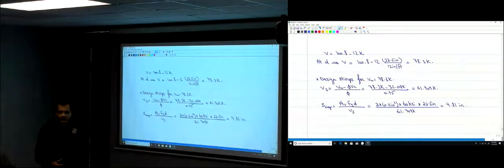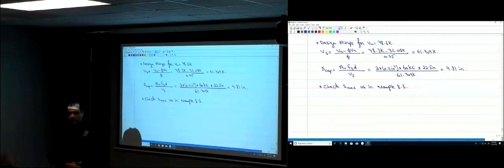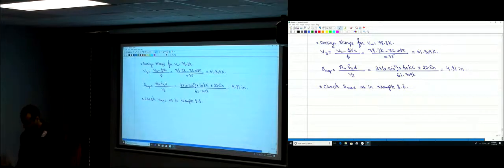Definitely you have to check the value of S max, which will be larger than this value. We did this in the previous problem. Check S max as in example 8.3. You're going to have the same values. So now, how much is the required spacing? You cannot use 4.81.